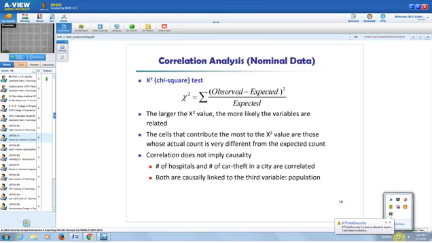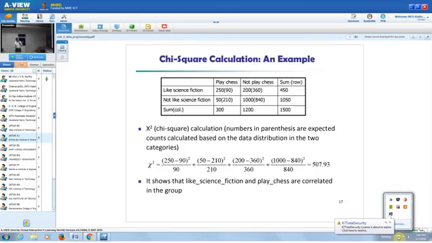So this is the chi-square test for finding out the correlation, testing some kind of hypothesis. Set: play chess, not play chess. This is about chess playing. In the textbook, the example I have told you is from the textbook.